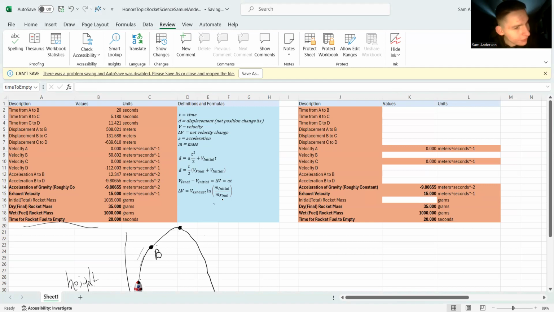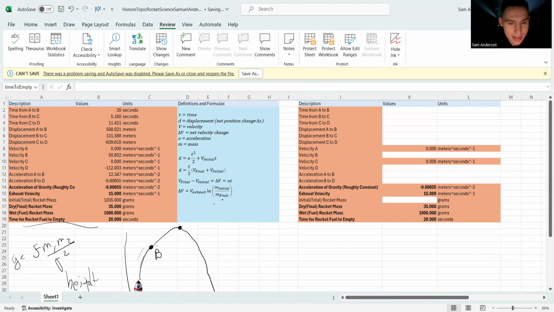The reason is that the height change of this rocket is not necessarily a lot, but keep in mind, the farther you are from Earth, the less gravity is going to affect you, because gravity is going to be force equals mass 1, mass 2 over radius squared. And the radius has to do with your distance from Earth, and that changes a lot.